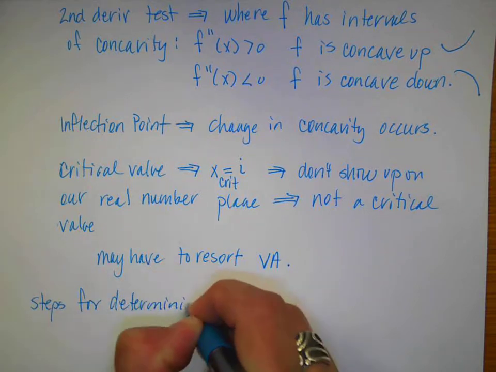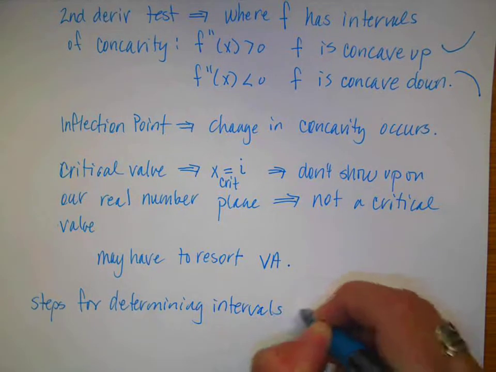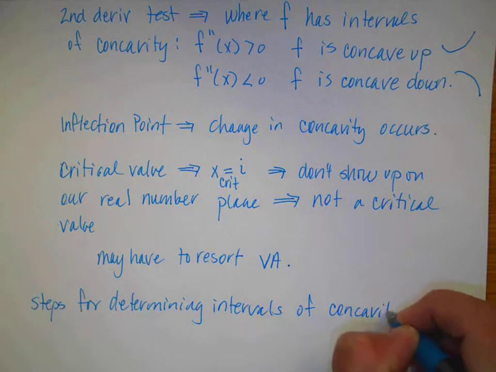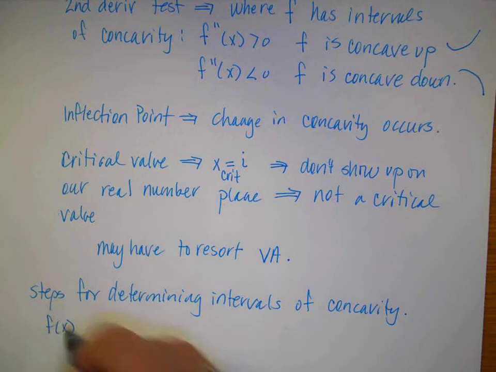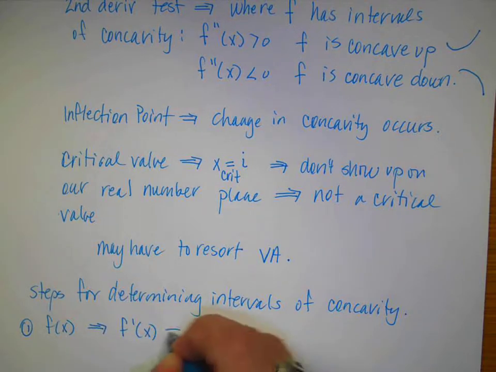Alrighty, so here are our steps for determining intervals of concavity, very similar to the first derivative test. In theory, you would have a function. So our first step is we're going to be given a function.